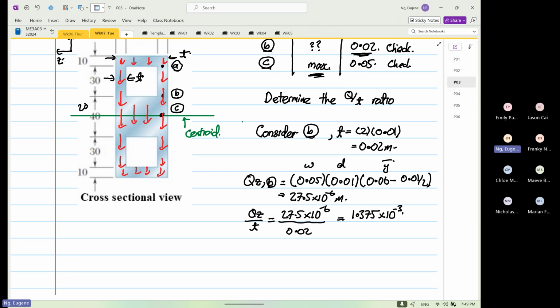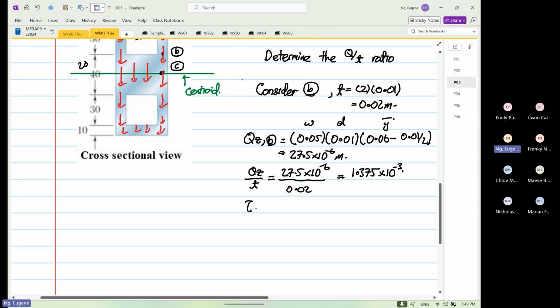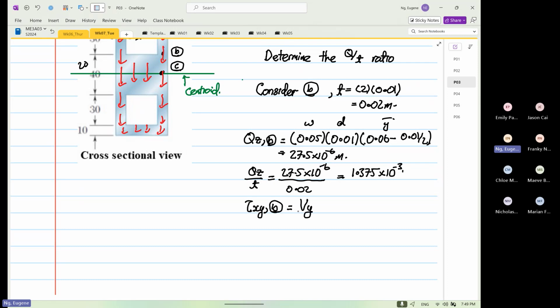If we were to determine the shear stress at point B, it will be equal to Vy over Izz. We know it's constant, but this value is 1.375 times 10 to the power minus 3.